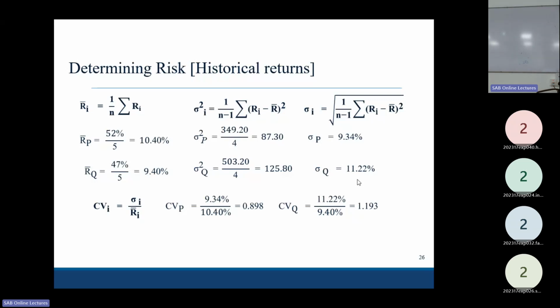Fortunately, in this example, risk per unit of return is 1.19 for company Q. Both standard deviation and coefficient of variation are larger for company Q, so your answer is okay. With both measures, the risky one is company Q.